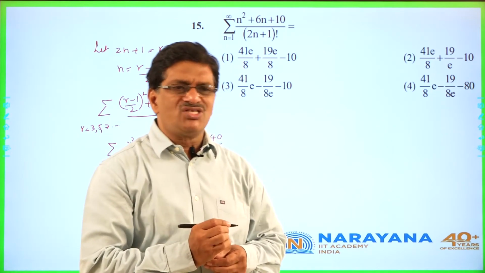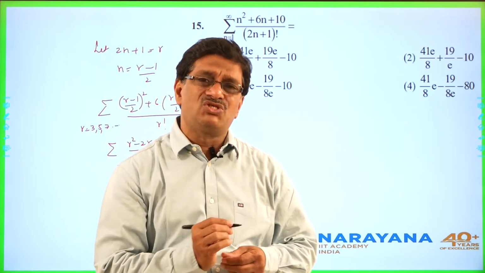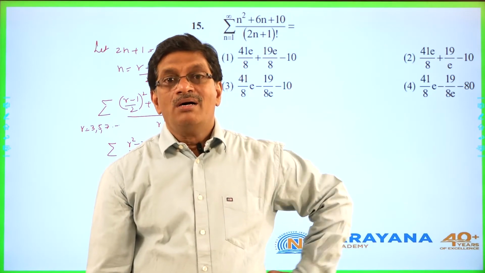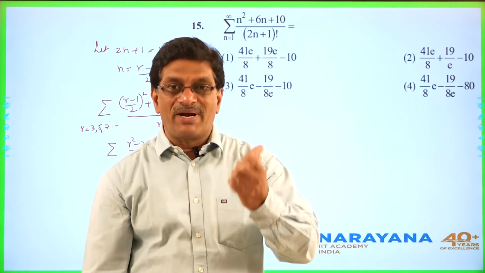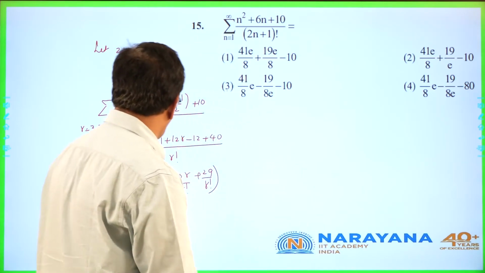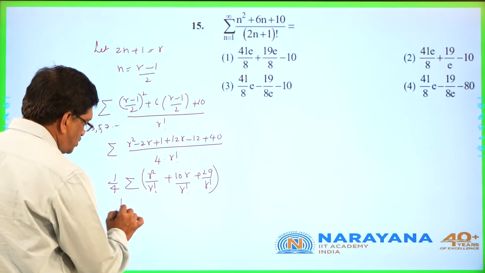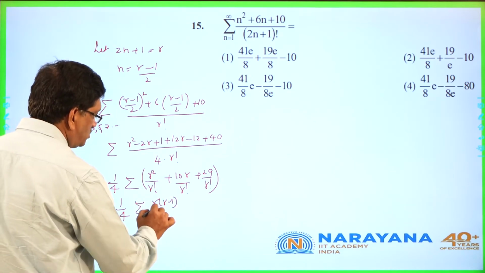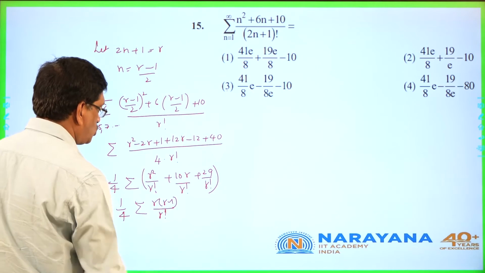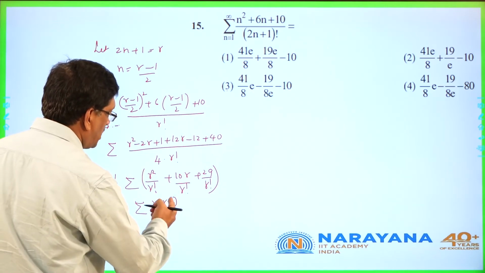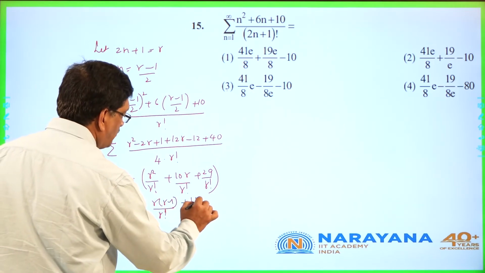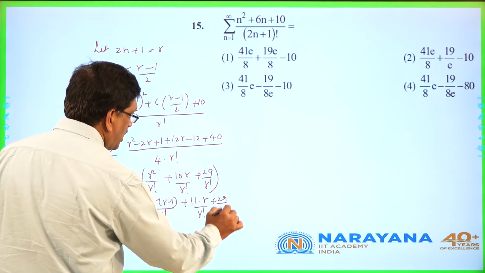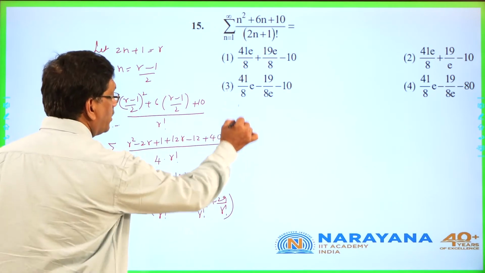In combinations of this type, you know from binomial also, whenever we want RCR, R into NCR, we are separating one term. In the same model, here also, this can be written as r minus 1 by r factorial. You mean r square minus r plus r, 11 into r by r factorial, 29 by r factorial, right?